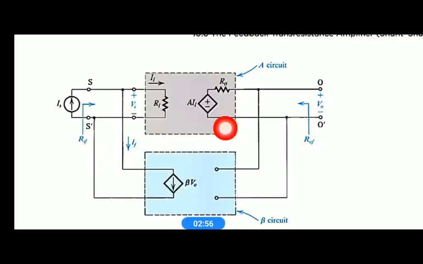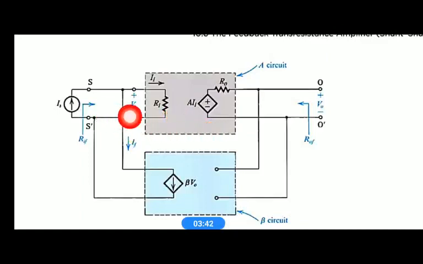So the resistances Ri and R0 are the input resistance and output resistance of the amplifier without feedback, and the gain for this open loop amplifier, without feedback, is A, which is equal to V0 by II. V0 is the output we are getting here, and the input applied to this open loop amplifier is II.